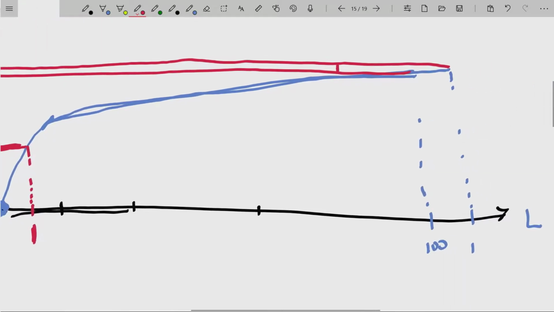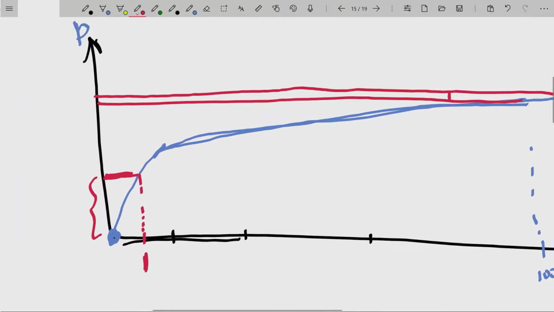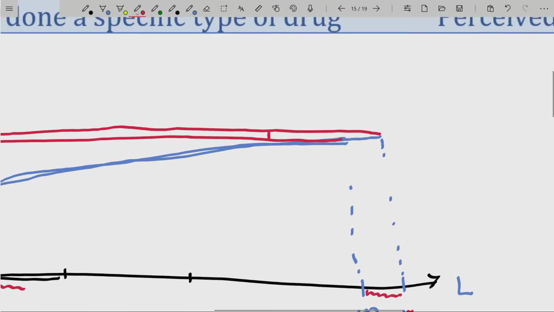But if they've done the drug 100 times, then even though the distance between having no drug and one drug and 2 and so on and so forth stays the same, once they go from the 100th time to the 101st time, the perceived increase in effect is actually not much. You need more to get the same level of output.